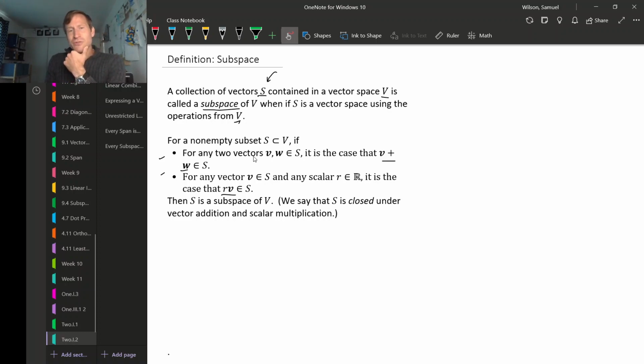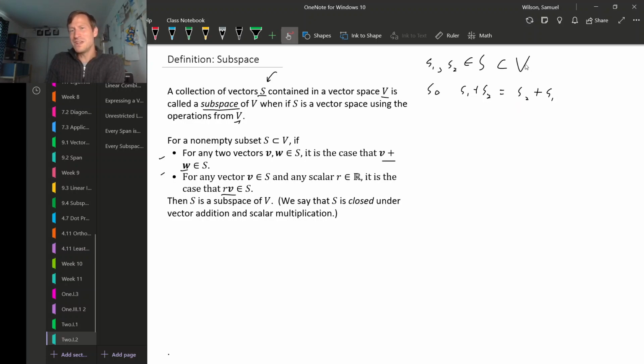But to show that this is true, all of the algebraic properties for vector addition and for scalar multiplication, since they're true in V, they're going to be true in S, right? Since we're dealing with the same vector addition and scalar multiplication, any equation that's true in V is going to be true in S as well. So if we take two vectors s1 and s2 in S, well, S is in V, so s1 plus s2 is going to be equal to s2 plus s1.